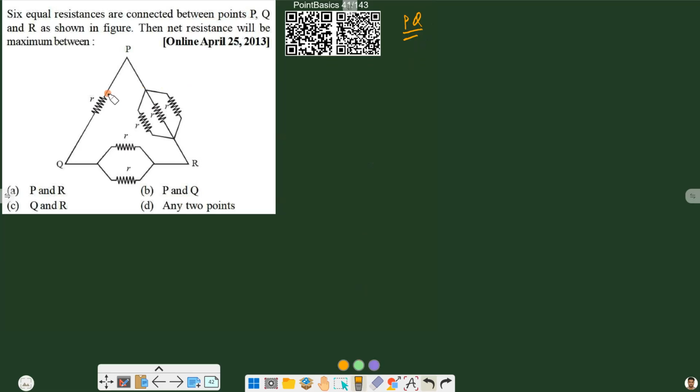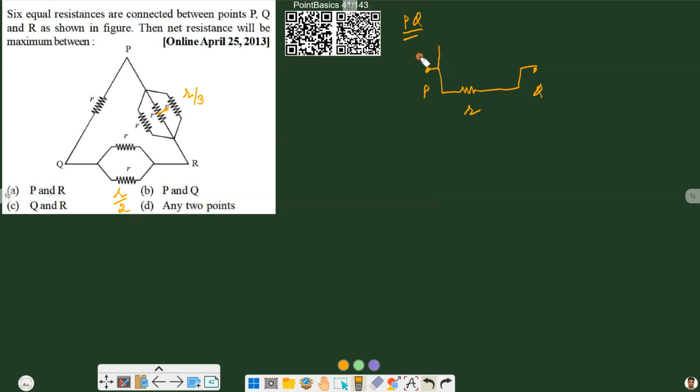Now P and Q are connected by a resistance R, and also by a series combination of PR and RQ. So this is point P, this is point Q. One is connected directly by resistance R, and between P and R, three resistances are in parallel. So they will give R by 3 resistance, and these two resistances in parallel will give R by 2 resistance.